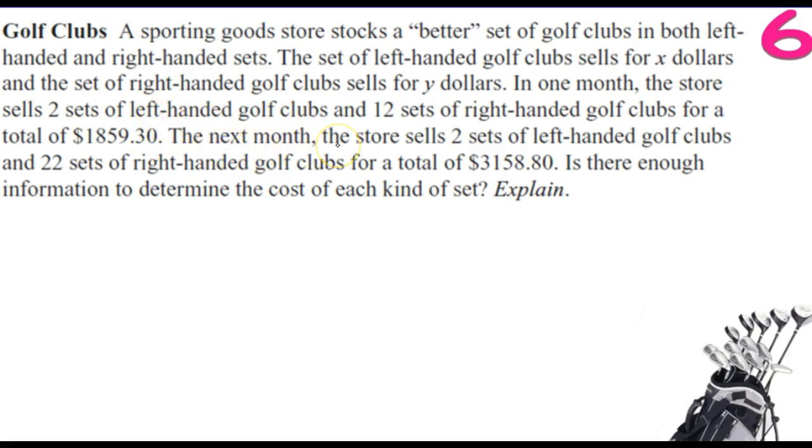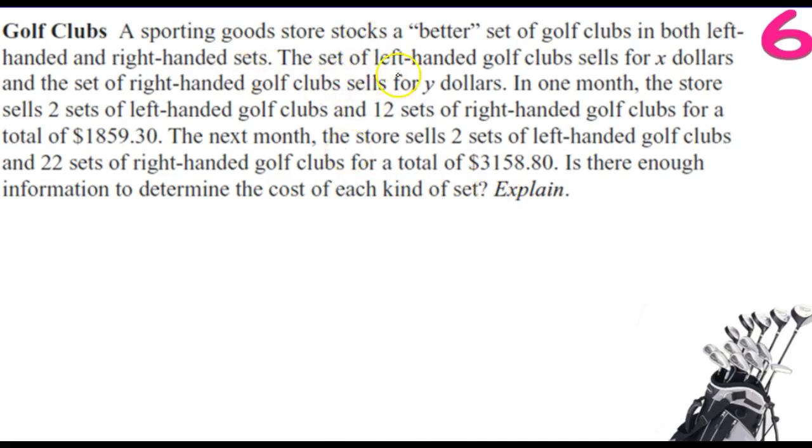The next month, the store sells 2 sets of left-handed golf clubs and 22 sets of right-handed golf clubs for a total of $3,158.80. Is there enough information to determine the cost of each kind of set?